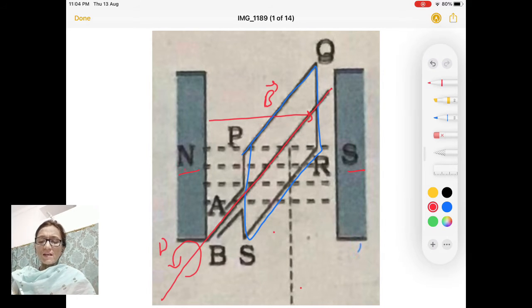So due to rotation, this rectangular coil rotates in the magnetic field, and so the field lines through the rectangular coil vary. In this perpendicular condition, you can see the maximum magnetic field lines can pass through this rectangular coil. The highest value of field lines can pass.